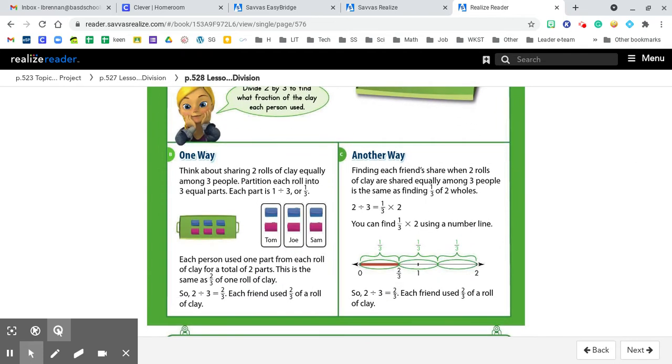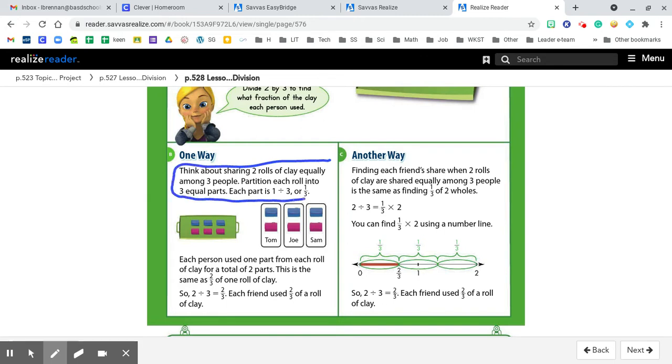One way to do it is you can think about sharing the 2 rolls equally among 3 people. So we divided the blue into 3 pieces and the pink into 3 pieces, so they each get 1 blue and 1 pink. And technically they're each getting a third of each piece.